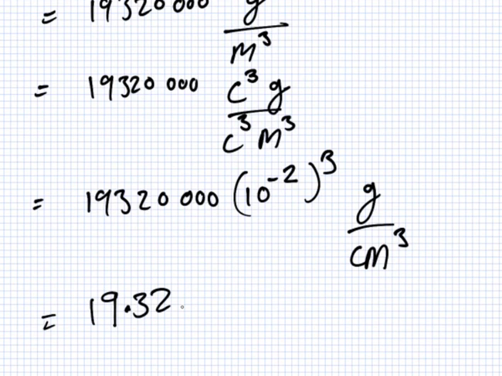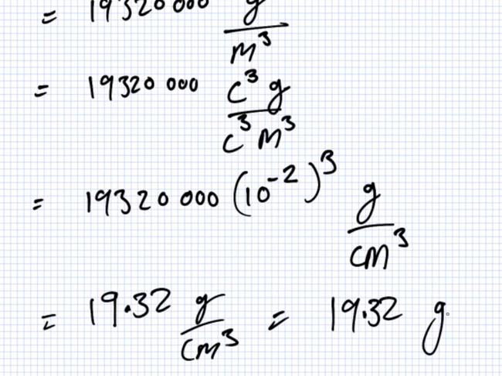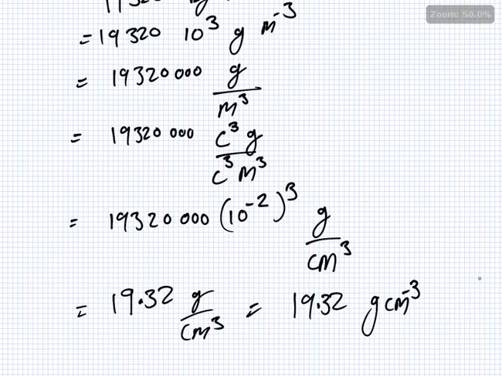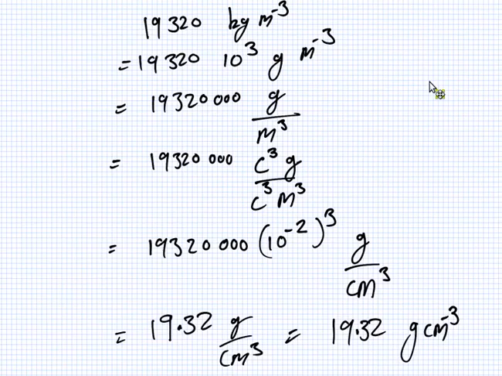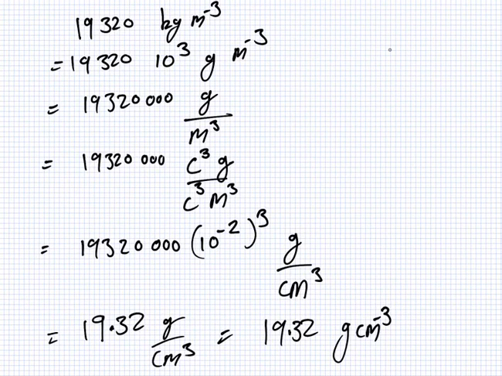Try this for me. I'll write it down here. So I want you to convert 19,320 kilograms per meter cubed into some number of grams per centimeter cubed.